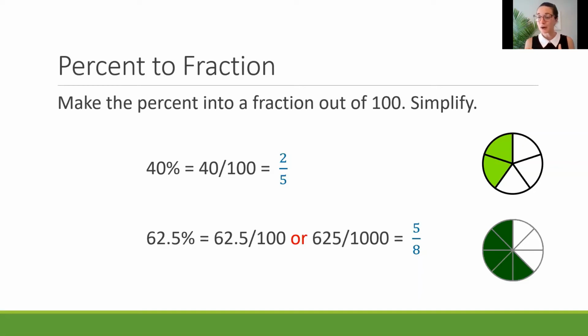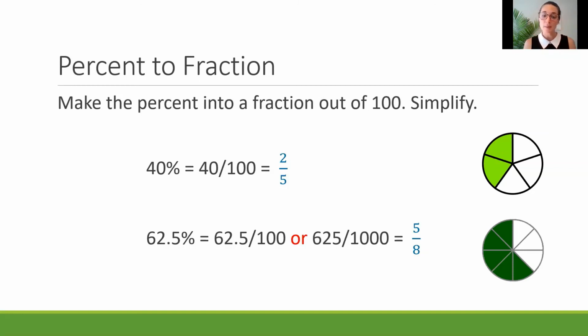Now, it's a little bit more complicated on the bottom when we have a percentage that has a decimal in it. So let's look at that. If I have 62.5%, I would do the same thing as I did up above. I would put that 62.5 over 100. Now, that makes it a little bit more complicated to simplify. So while we can do that, I always find it a little bit easier to just move the decimal place over 1 spot for both the top and the bottom number, the numerator and the denominator.